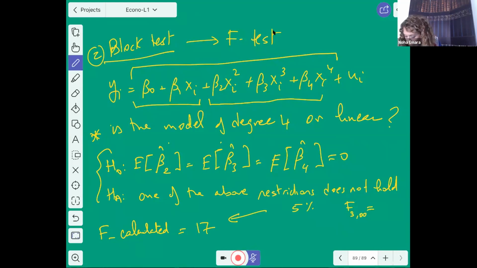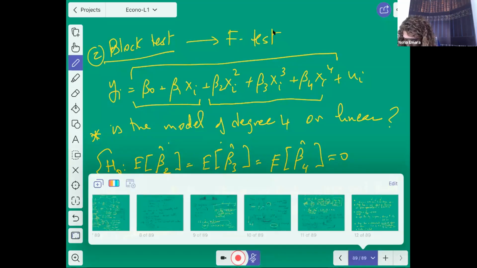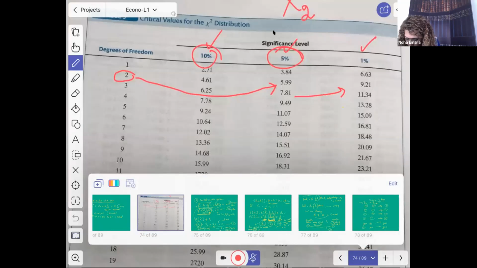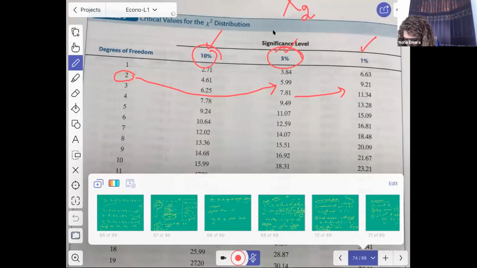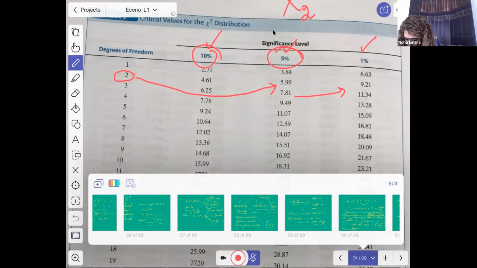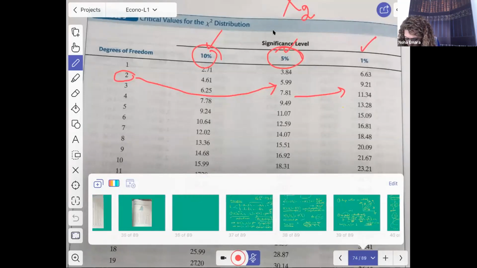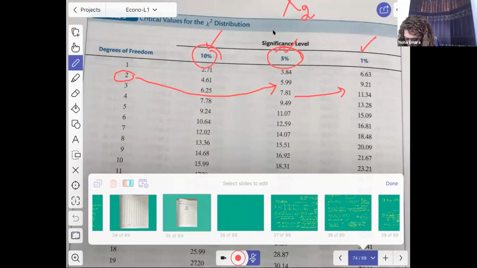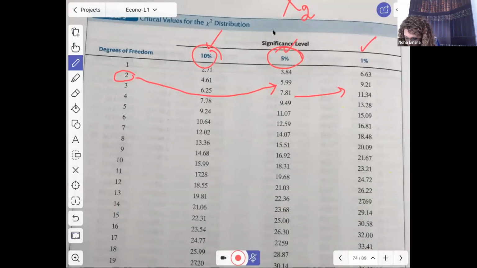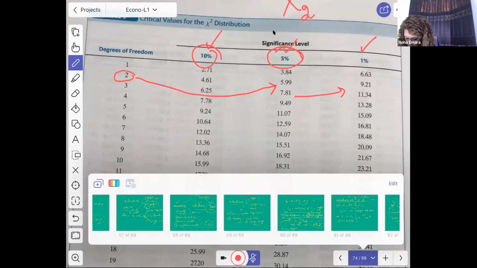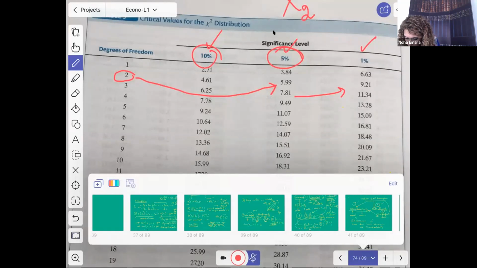Okay, so F3 infinity. I'm not sure where I can find the F table. This is the chi-square table. Let me see. No, this is the... I have it somewhere.